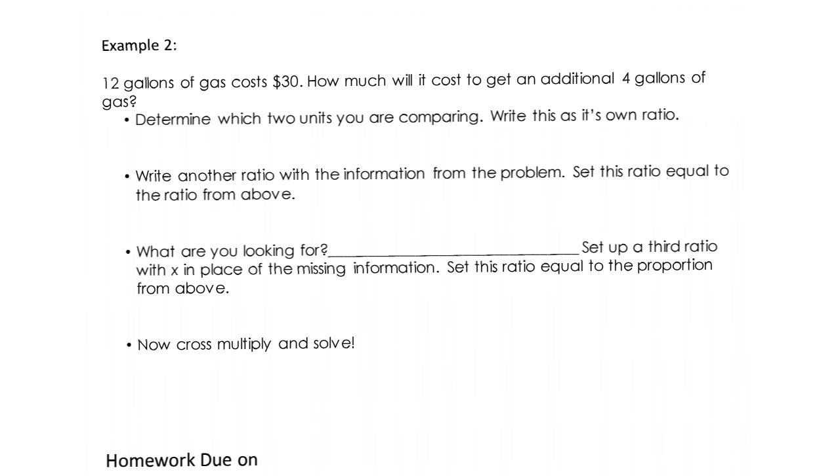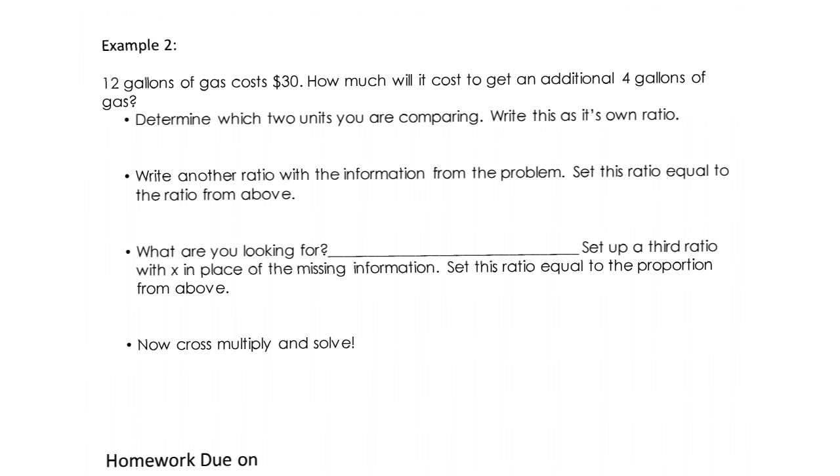So the first thing we do is figure out, what are we comparing? What are we talking about, and write it as a ratio. So we're talking about gallons over dollars, and that's what I'm going to write here. Gallons over dollars. Okay.